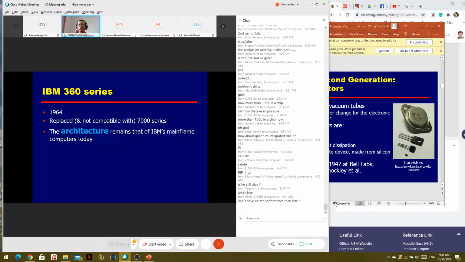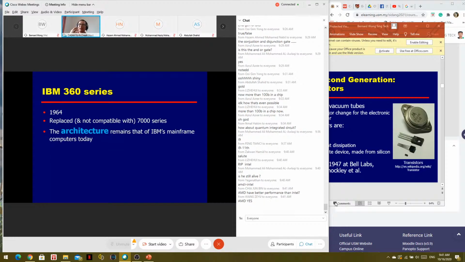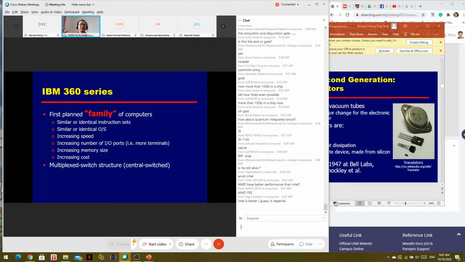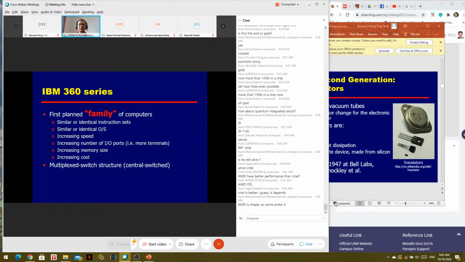Later they implemented the family concept, so all these remain the same architecture. The IBM 360 was the first planned family of computers. They had similar instruction sets and similar operating systems, but they were increasing in speeds, different number of ports, and so on.